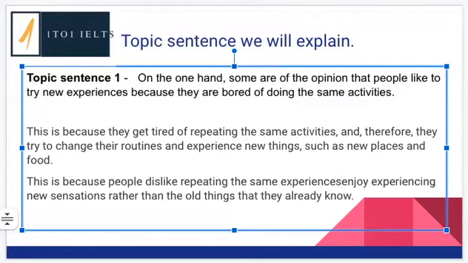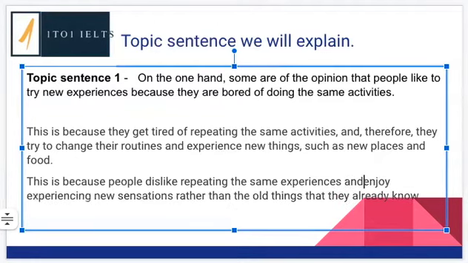But if you can think of a better word than thing, it's always good. So this is because people dislike repeating the same experiences and enjoy experiencing new sensations rather than the old things that they already know. So here, I think, again, how can we get rid of things here? Can we use some kind of reference?